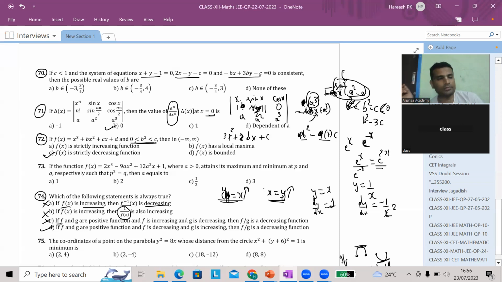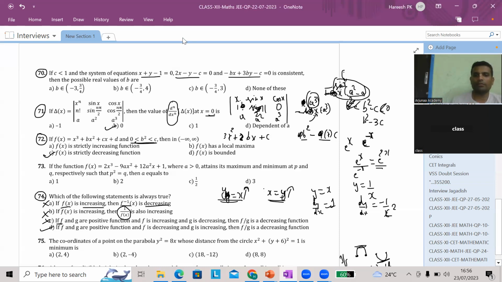So when they say it's consistent, we said delta should be 0, then delta 1, delta 2, delta 3. All of them should be 0. Yes or no? Yes, sir. Oh sorry, I think it's not 3 variables.